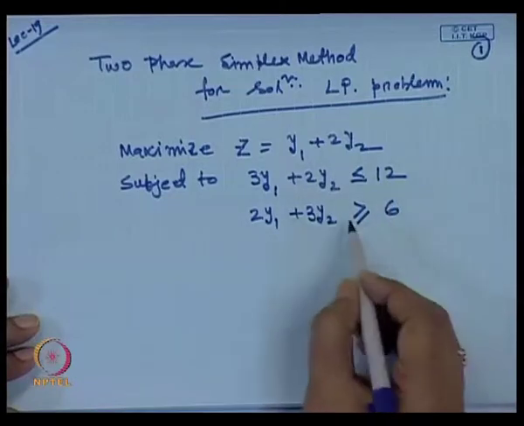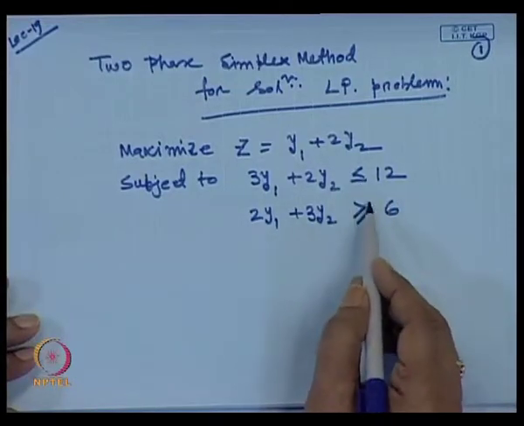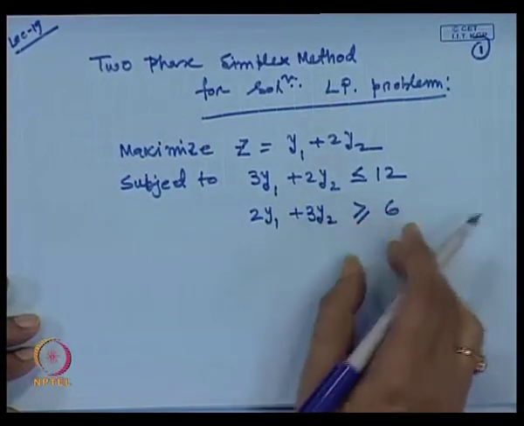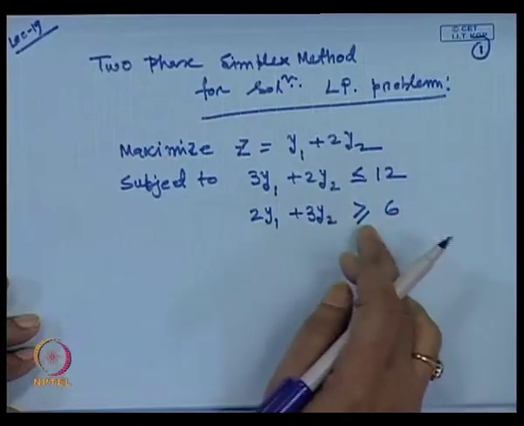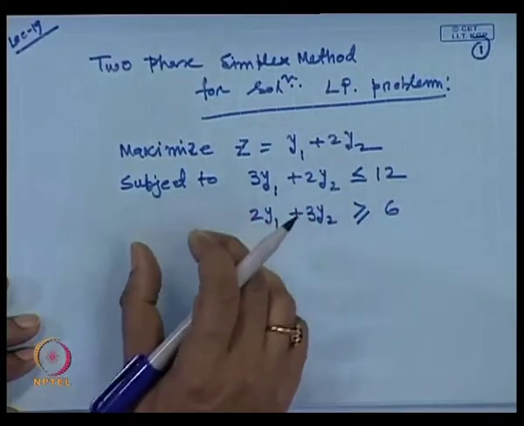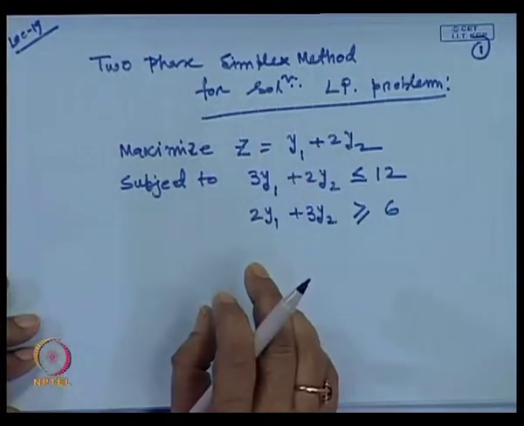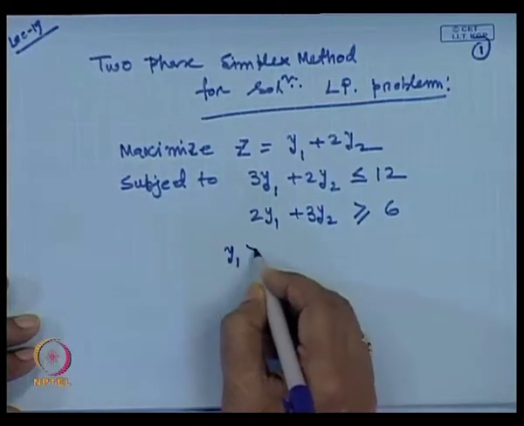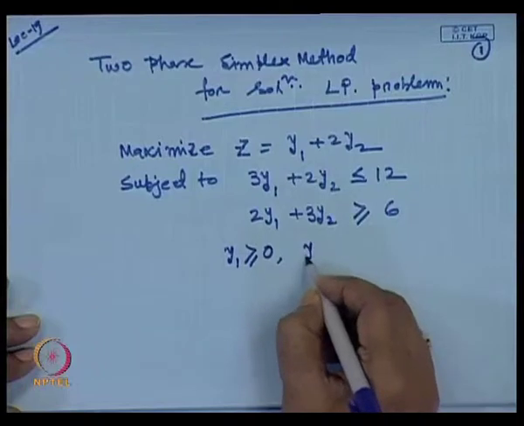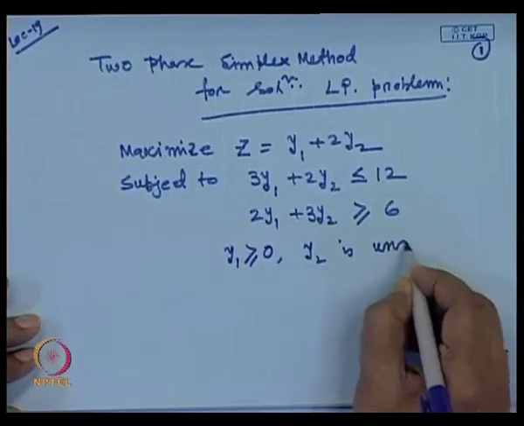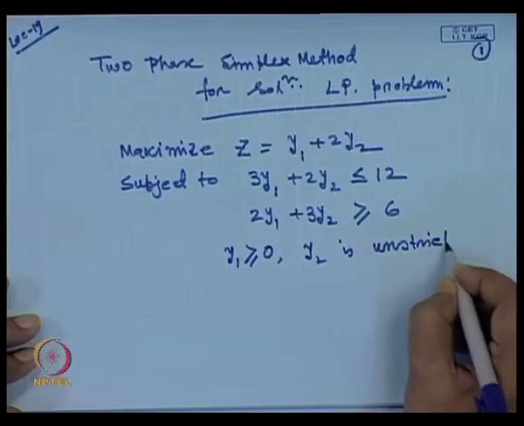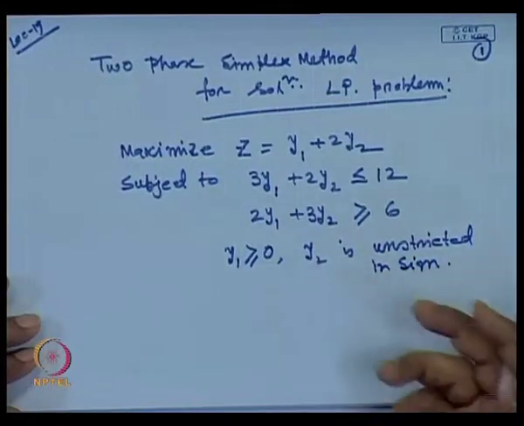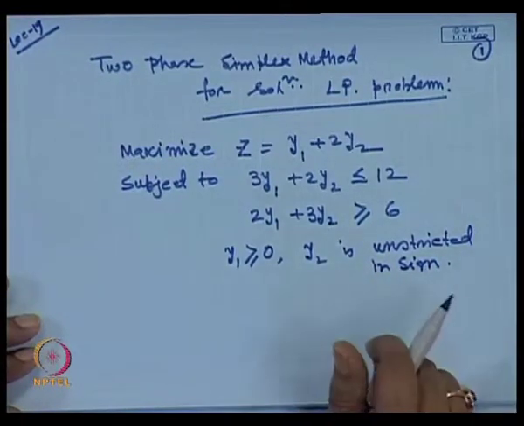Now, one inequality is less than or equal to, another is greater than or equal to 6. When there is a greater than or equal to constraint with a constant, we have to solve the problem by the two phase simplex method. It is also mentioned that y 1 is greater than or equal to 0 and y 2 is unrestricted in sign. That means its value can be negative, positive, anything, 0 also.